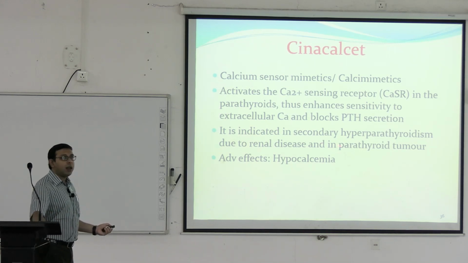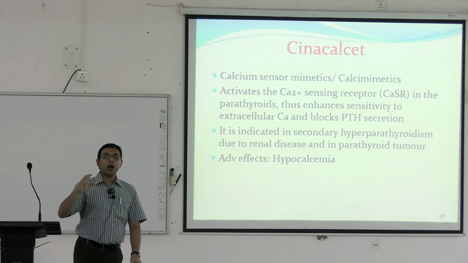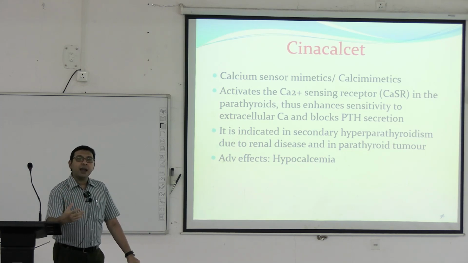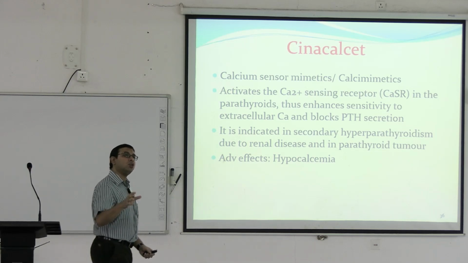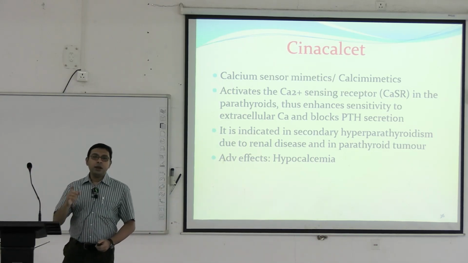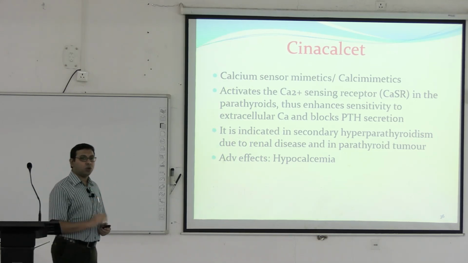It is indicated mainly in secondary hyperparathyroidism. Due to some disease, more parathyroid hormone is secreted from the parathyroid gland, and that leads to more bone resorption, but bone formation is not adequate, so ultimately more bone loss. This happens in secondary, not primary, hyperparathyroidism.